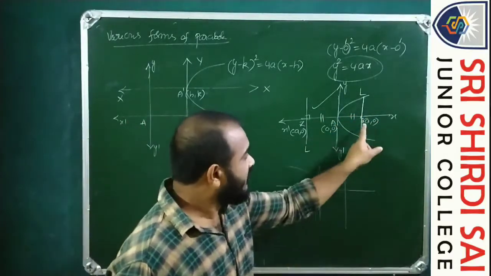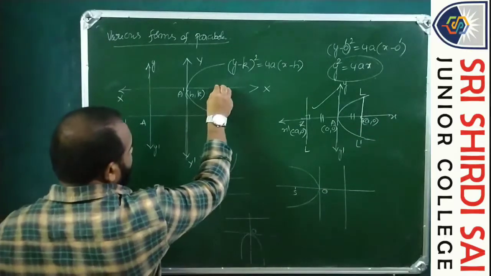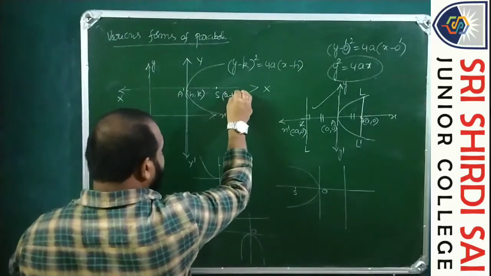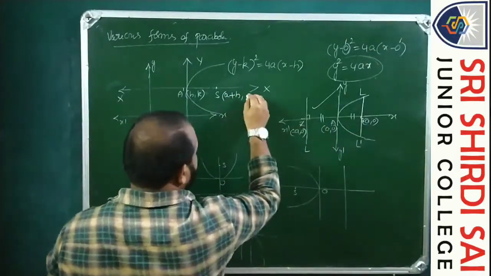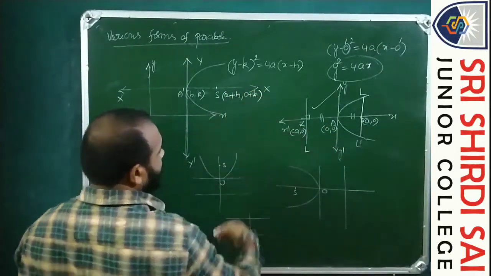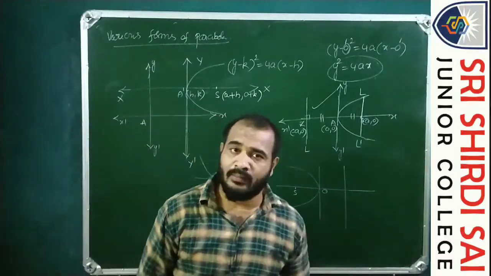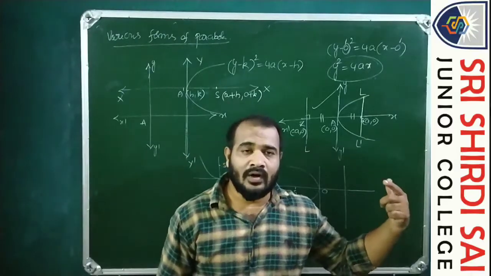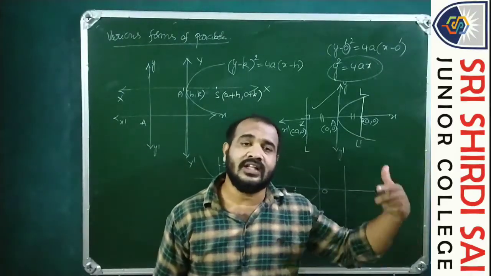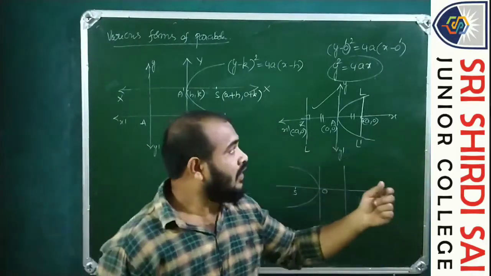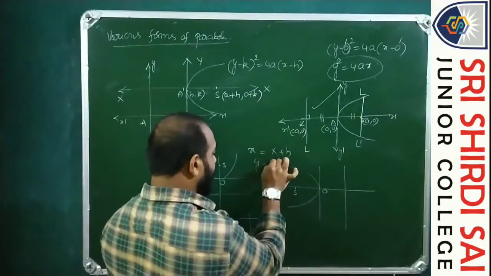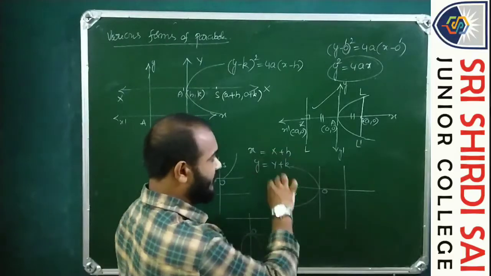So now the focus is a plus h comma 0 plus k. So you remember what we have discussed in the first year: small x is equals to capital X plus h, small y is equals to capital Y plus k. This is what we have discussed.